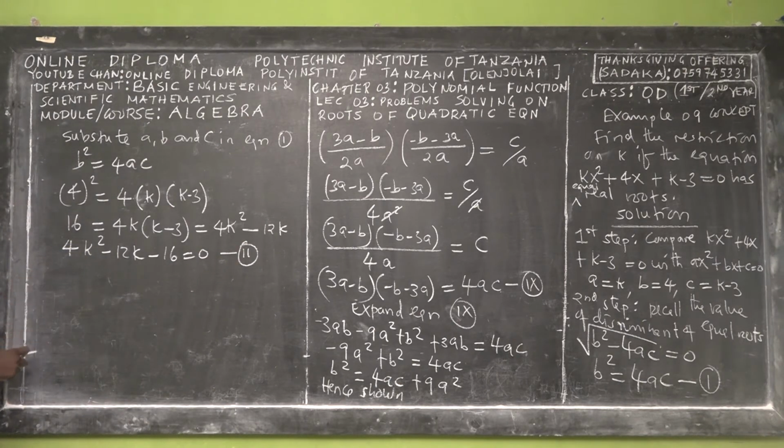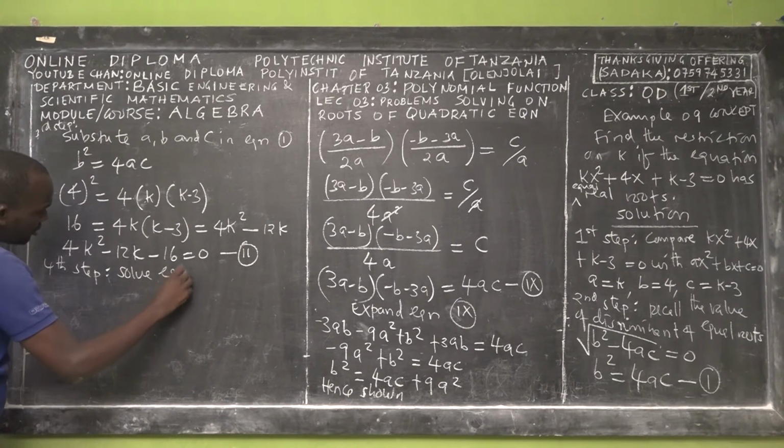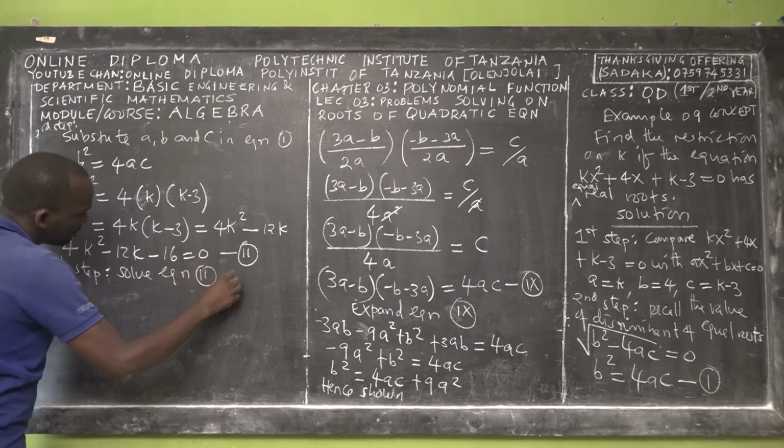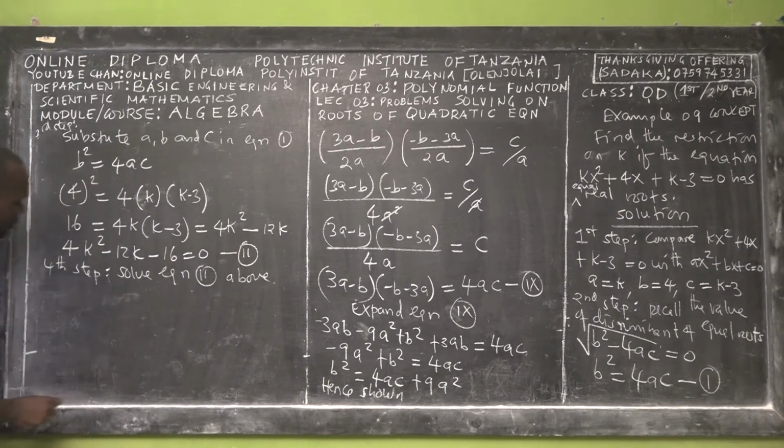So ladies and gentlemen, this was the third step. Here we are going for the fourth step: solve equation 2 above for k. We may use any method.